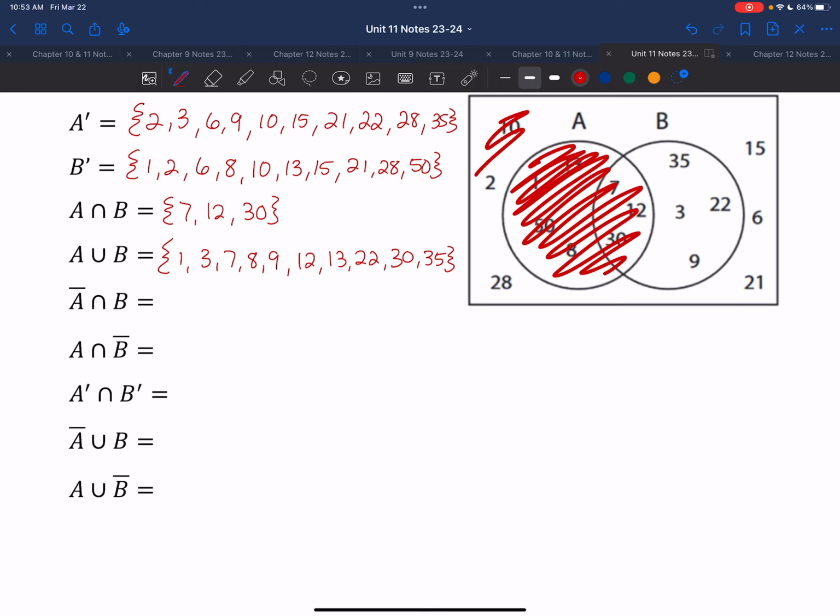Well, none of this stuff out here is in B. So the only things that satisfy both conditions, not A and B, are these four numbers right here. So we got 3, 9, 22, and 35.